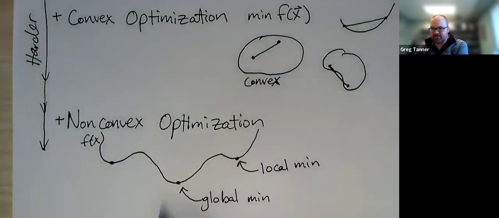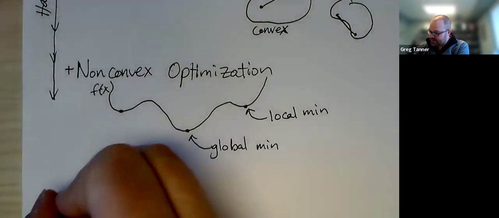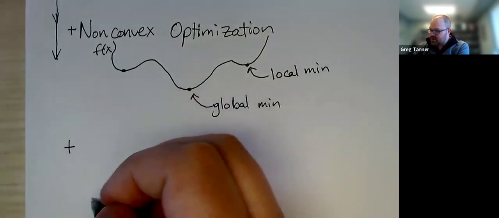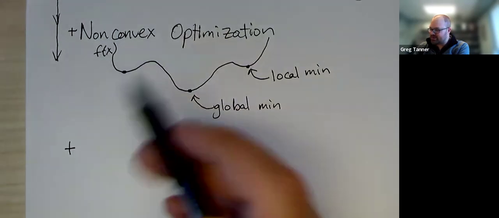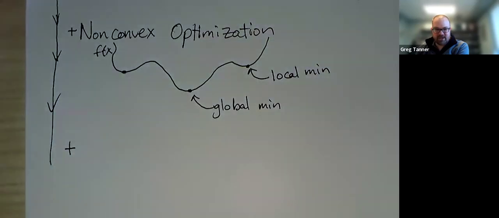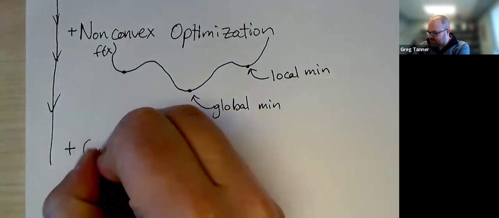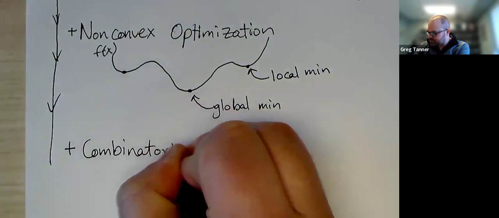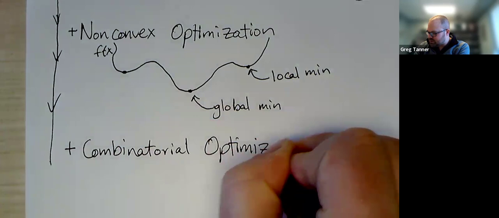Maybe they might be vector valued, but they're continuous variables. The last one that I'll put here can be more challenging or just as challenging as non-convex optimization, though in some special cases, they end up having nice algorithms that work for them. I'll put as a separate group problems of combinatorial optimization.